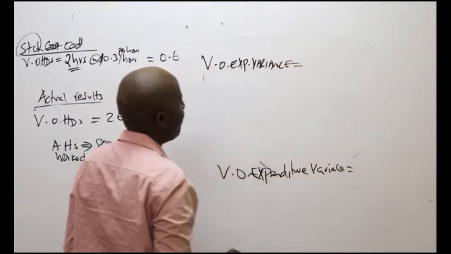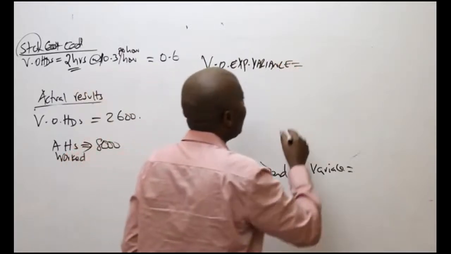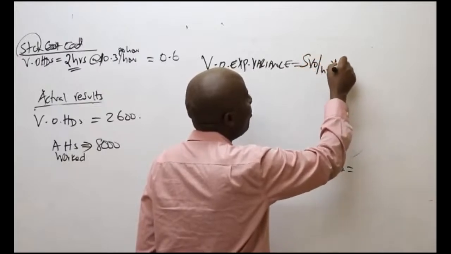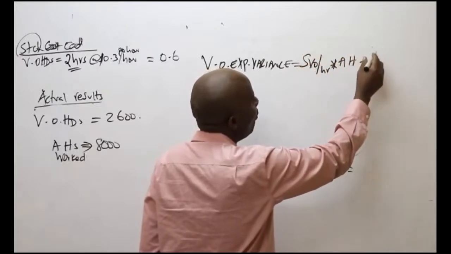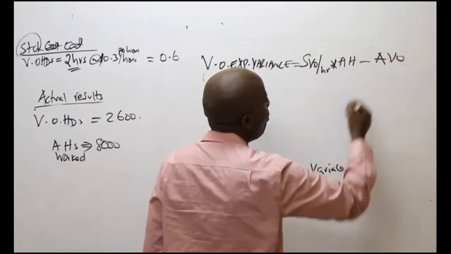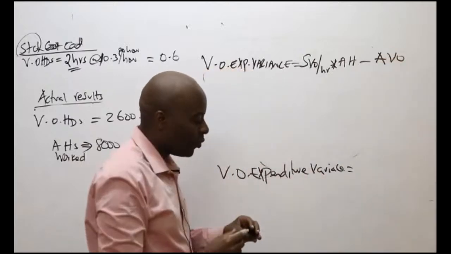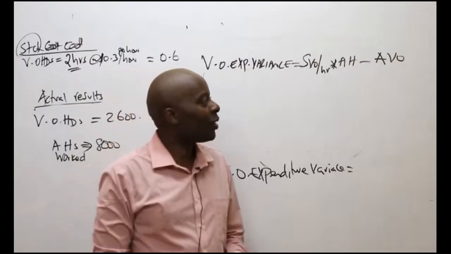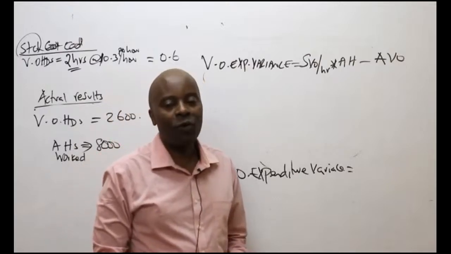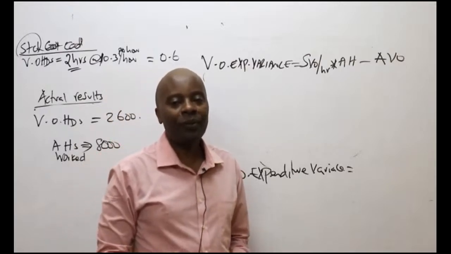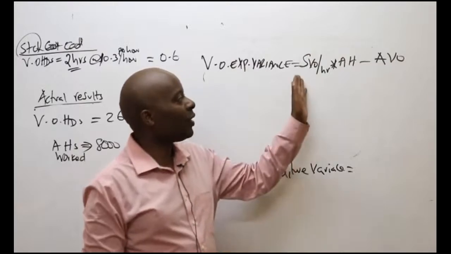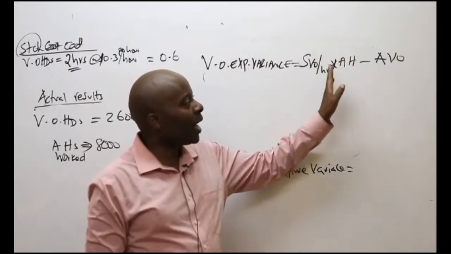How do we get it? We normally take standard variable overheads per hour multiplied by actual hours, minus avocado. Minus avo. So this is standard variable overheads multiplied by actual hours.